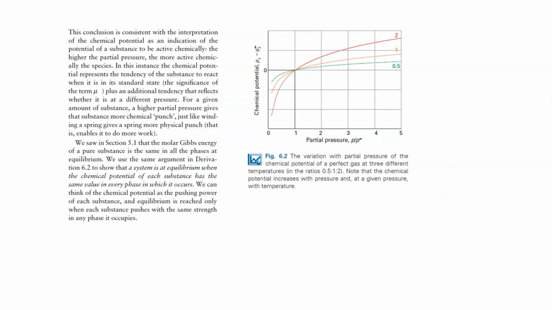This conclusion is consistent with the interpretation of the chemical potential as an indication of the potential of a substance to be active chemically. The higher the partial pressure, the more active chemically the species.